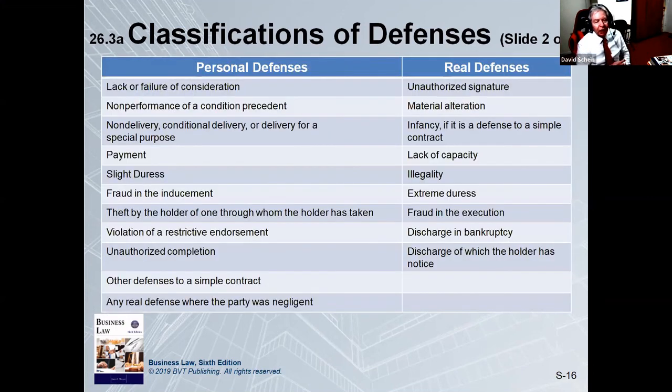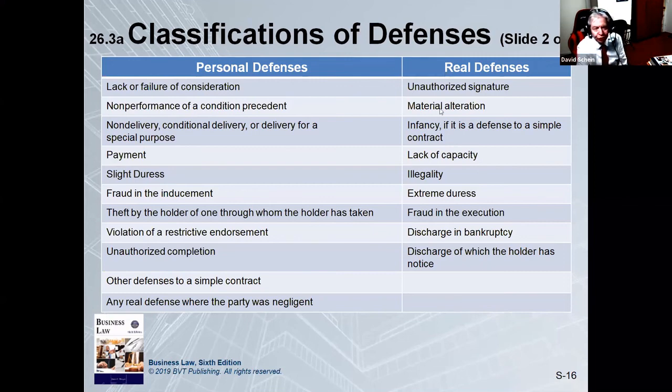Other than the slide we showed you a minute ago that gives you the bold definition of a holder in due course, this is the other key slide from this chapter, and this is personal defenses versus real defenses. For any holder, personal defenses and real defenses.